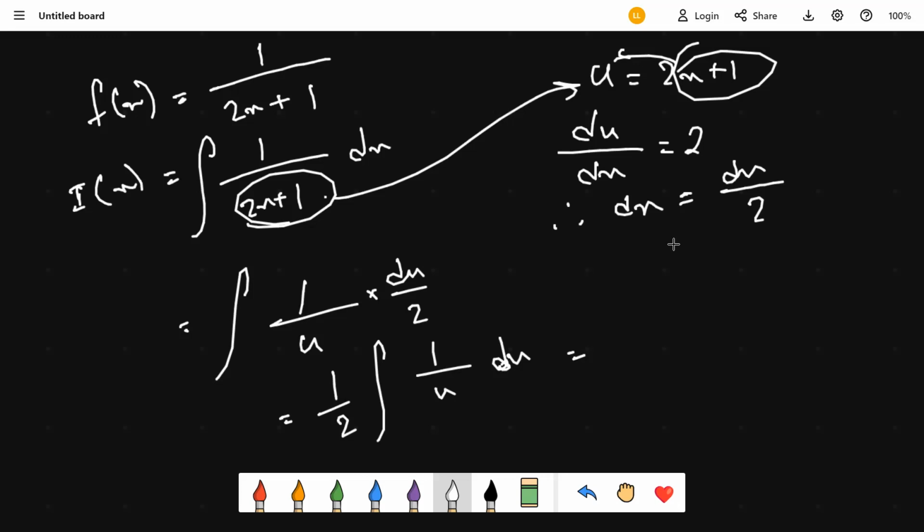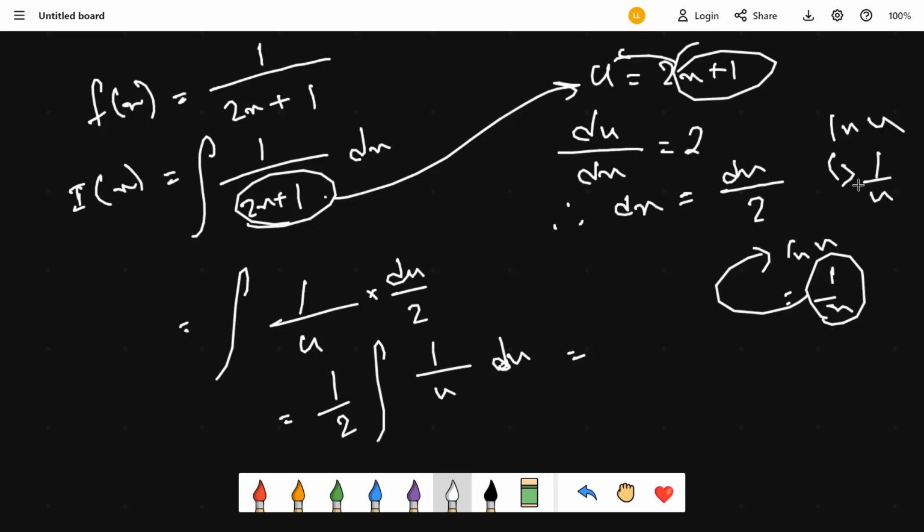Now, we do know that differentiating ln of x gives us 1 over x. That means integrating 1 over x should give us ln of x. Similarly, if we differentiate ln of u with respect to u, we should get 1 over u. Similarly, if we integrate that, we should get ln of u. So that's the same thing here.